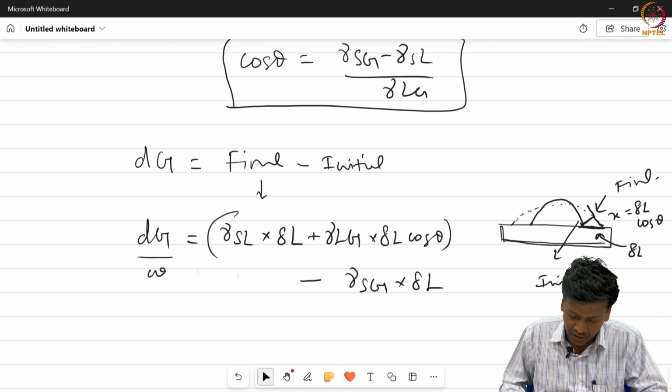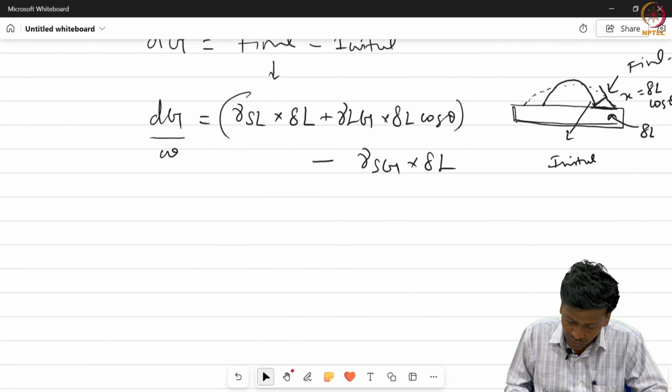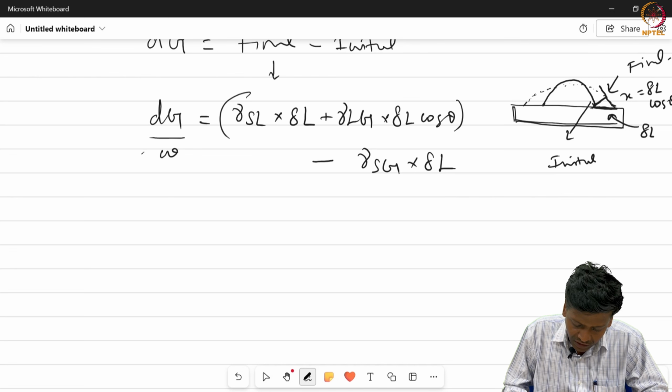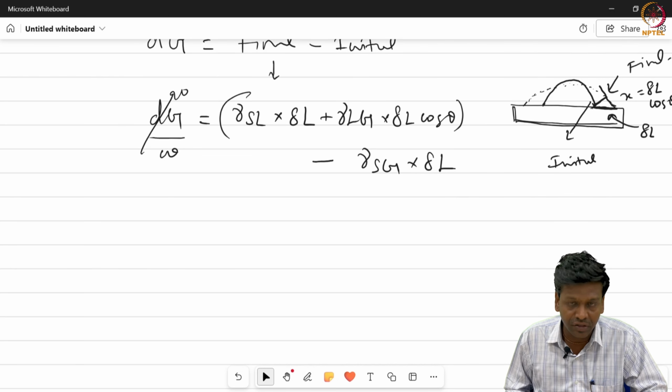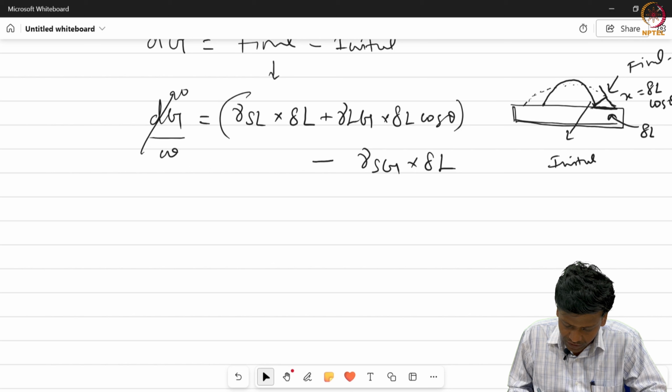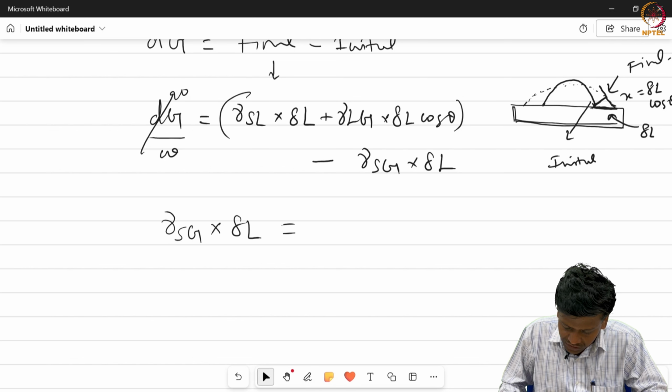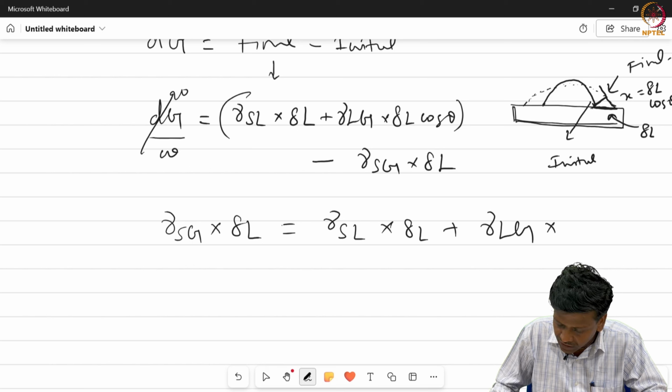After spreading, we know at equilibrium delta G is nothing but 0. So we can simply have gamma Sg into delta L, which is nothing but gamma SL into delta L plus gamma Lg into delta L cos theta.